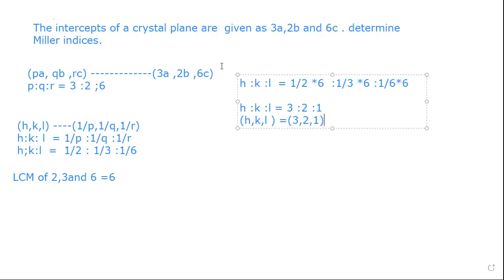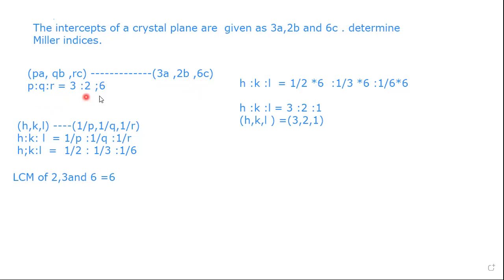I repeat once again. These values 3a, 2b, and 6c are the intercepts of the given plane with respect to the x, y, z axes, expressed in terms of a, b, c, which are the parameters of the unit cell. For that, first we write pa, qb, rc proportional to 3a, 2b, and 6c.